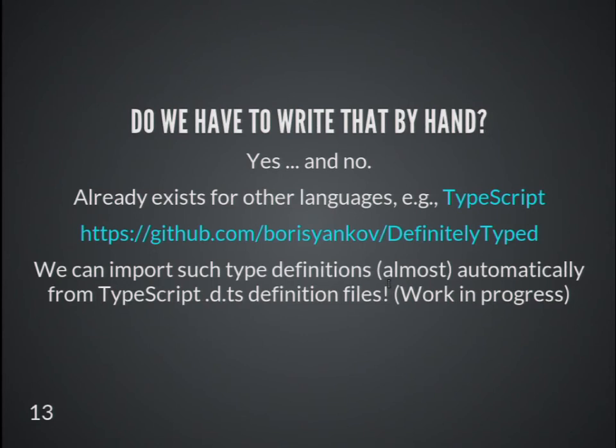And actually there is this project, Definitely Typed, which gathers and aggregates lots of type definitions. And I'm working on it, it's almost done, but not ready yet, but you can actually import these type definitions from TypeScript right into Scala.js. So we don't have to write that by hand again. We can just reuse what others have done before.